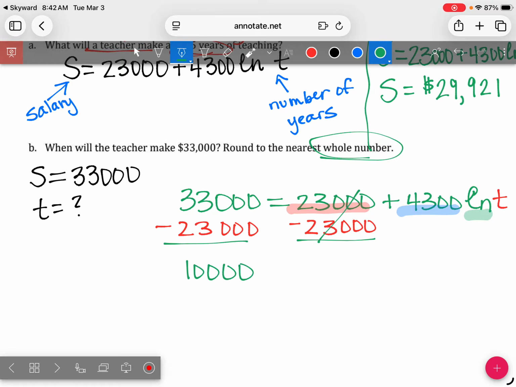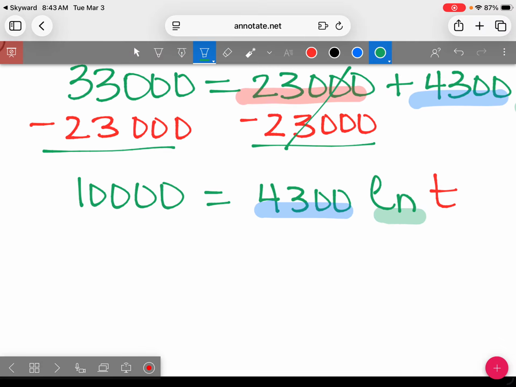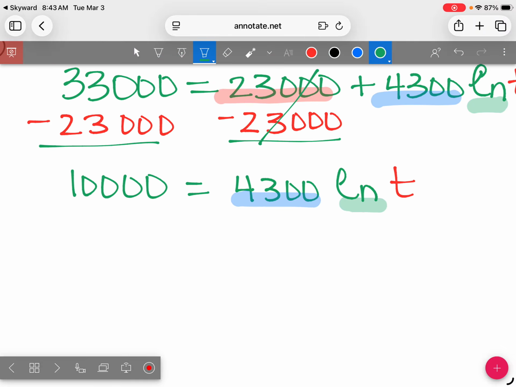Make sure you keep all 4 zeros. Equals 4,300 natural log of T. All right, so now I just got 2 things left. I need to get rid of that, and I need to get rid of the natural log. So the last thing that goes is the natural log. The next thing I need to do is get rid of the 4,300.